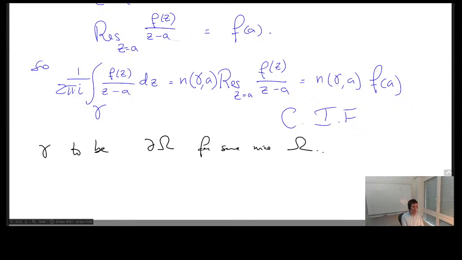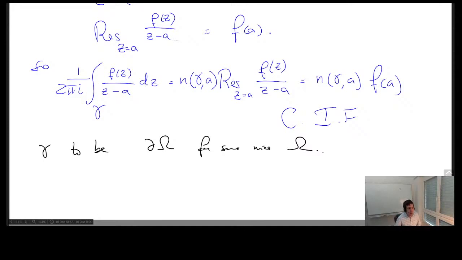And if your curve is the boundary of a nice domain omega, then you can use things like Green's theorem or Stokes' theorem, where integrals around the boundary can be given as integrals of other functions in the region. And then you basically show that the integrals in the region are zero, and so the integrals on the boundary also need to be zero, right? This is a common strategy.